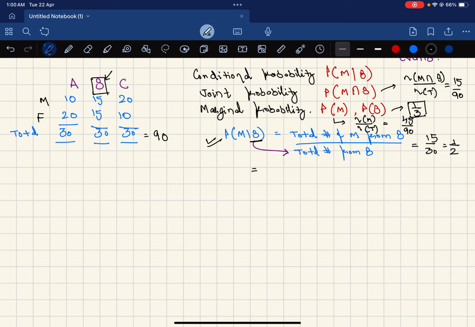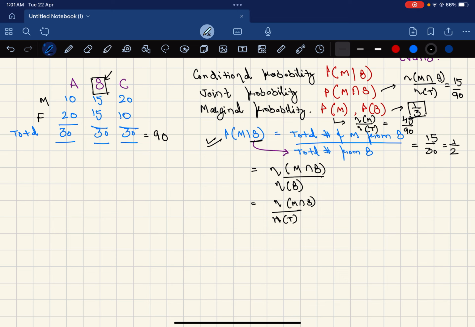Now, if we write it in a set form, we have the number of students who are both male and from class B, and we are dividing it by the total number of students from class B. Now let us say we divide the numerator as well as the denominator by the total number of students across all the classes.